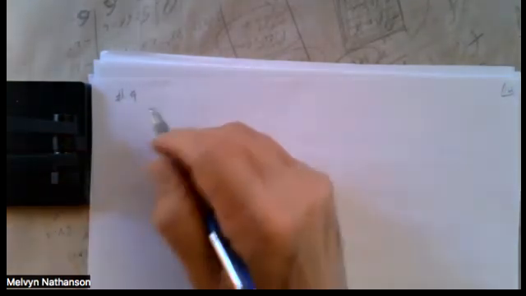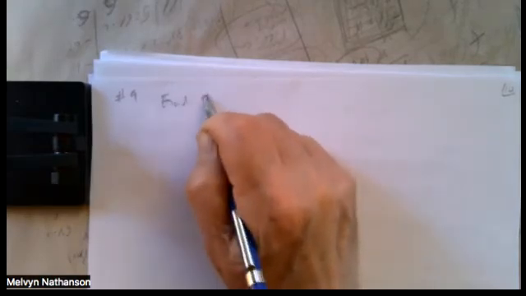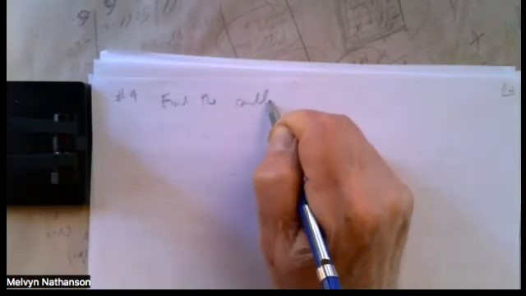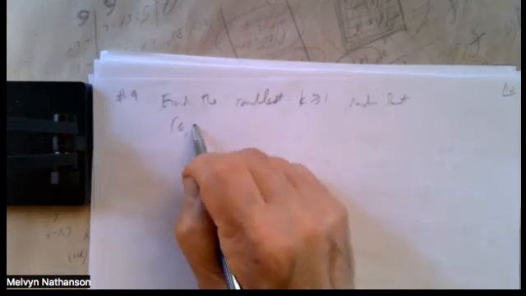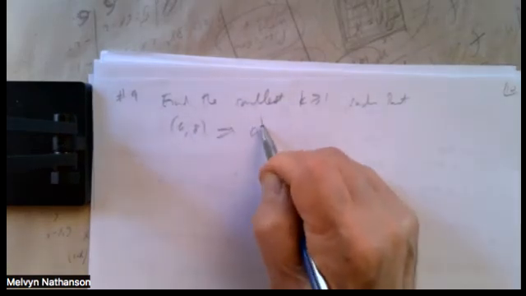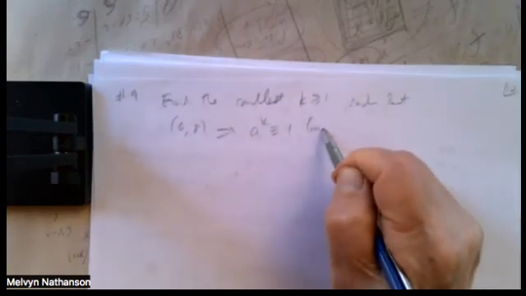Let's look at number 9. We want to find the smallest positive integer k such that if a is an integer relatively prime to 8, then a to the k is congruent to 1 mod 8.